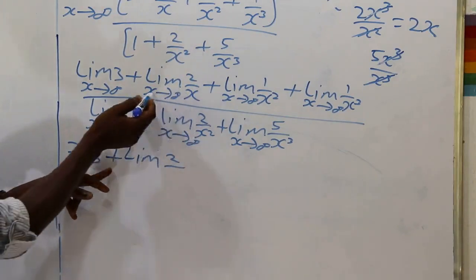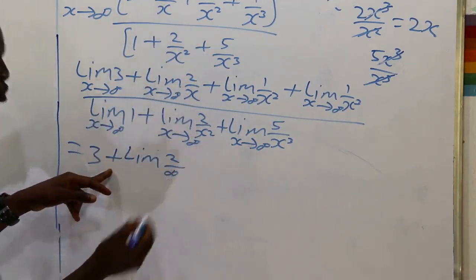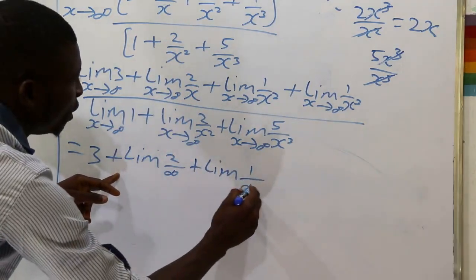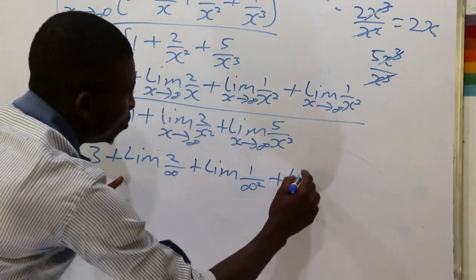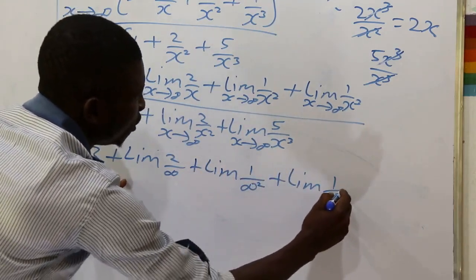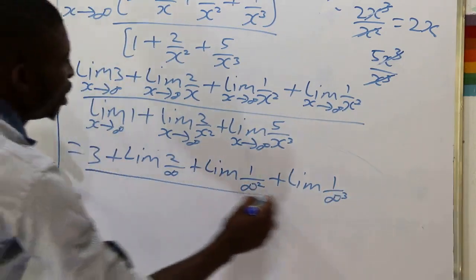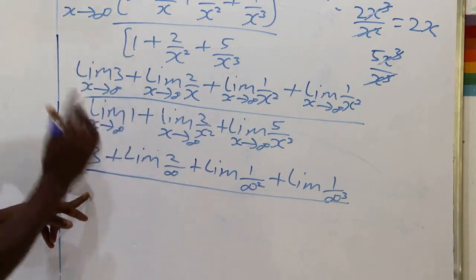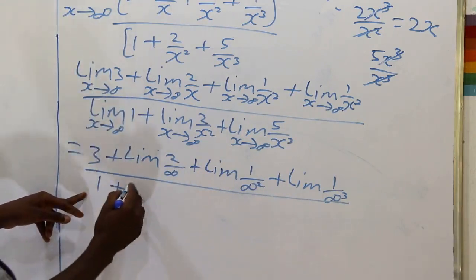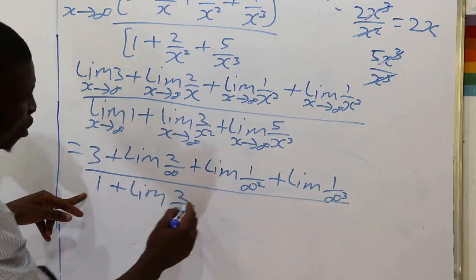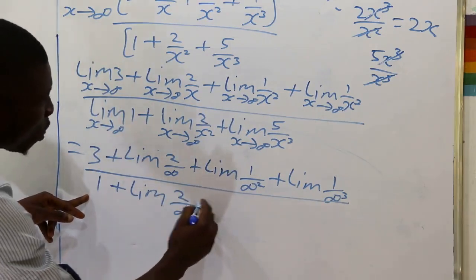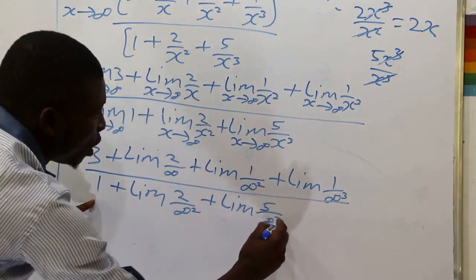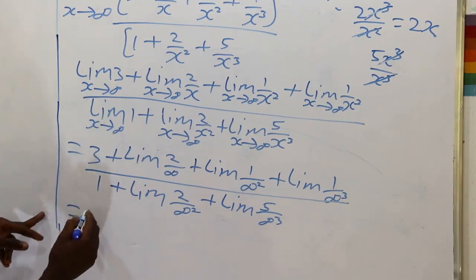So when you see x, you put infinity. That's 2 over infinity plus lim 1 over infinity squared plus lim 1 over infinity raised to power 3, all divided by lim 1. Under first properties, since 1 is our constant, it is 1 plus lim 2 divided by infinity raised to power 2 plus lim 5 divided by infinity raised to power 3.